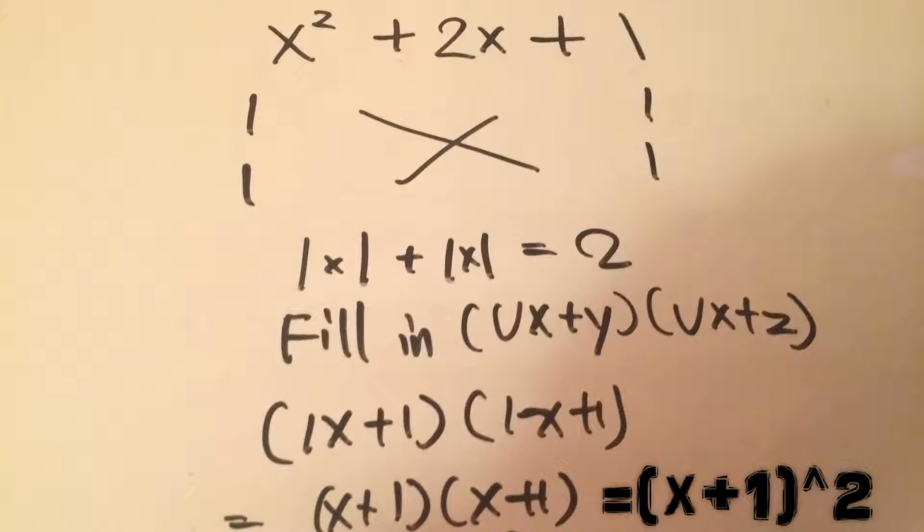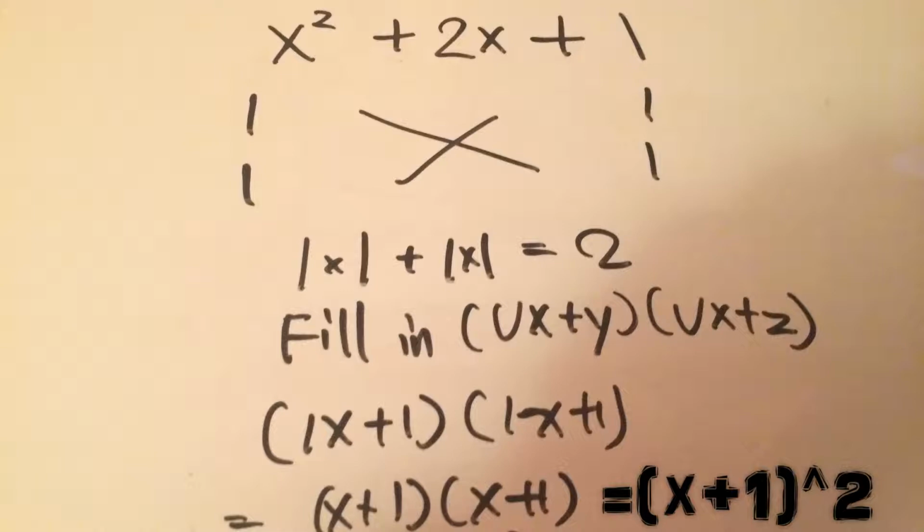Then we write down the factors of the third term 1, which are 1 and 1 as well. Cross multiply and add them. Then 1 times 1 plus 1 times 1 is 2, which is the same as the second term 2. Therefore, it satisfies the criss-cross method and we can factor the polynomial.